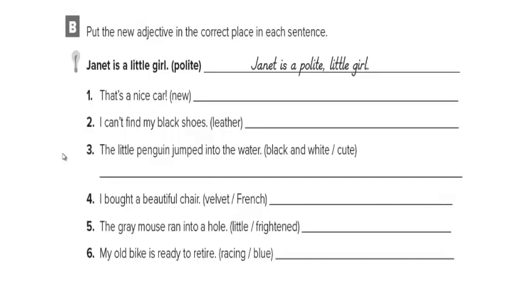Cute is an opinion adjective. Little is the size, it comes then. And then black and white the color. And then penguin and the completion of the sentence. So I don't think this is a tough exercise. I believe it's easy. Don't you believe that with me?